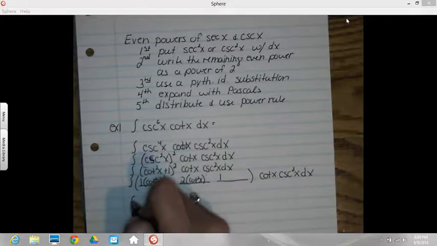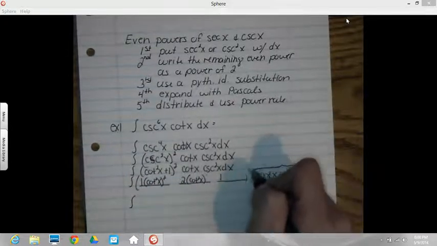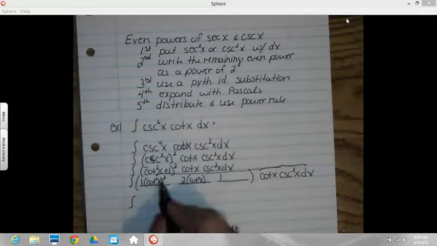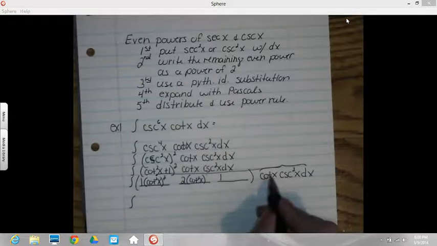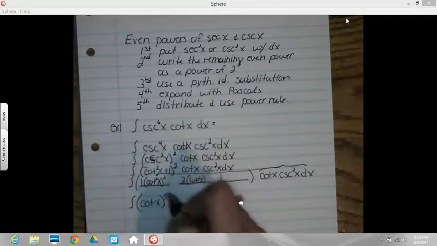So taking this whole chunk, distributing. Okay, first thing I'm going to do is square this. That's cotangent to the fourth times the cotangent out here gives me cotangent to the fifth. I'll write it like this with the cosecant squared.